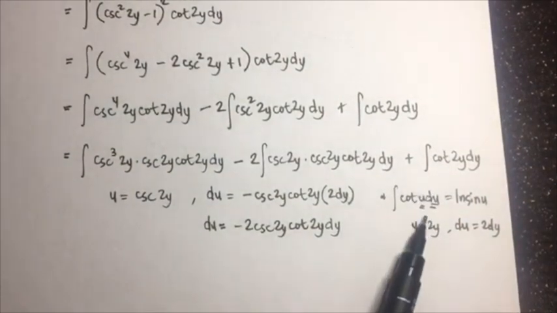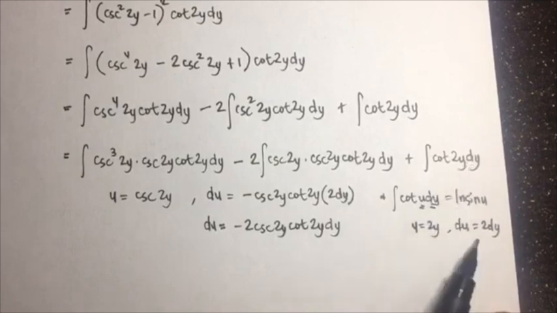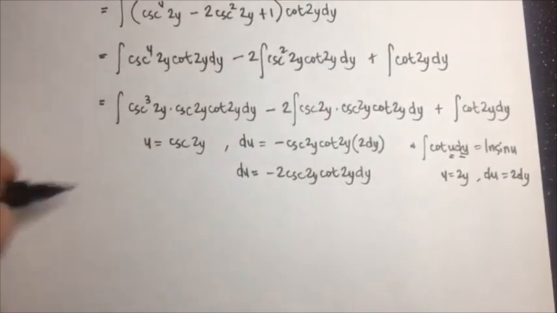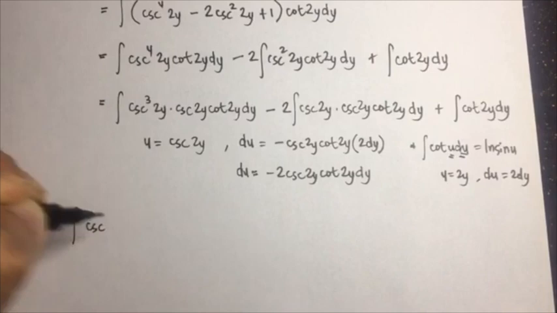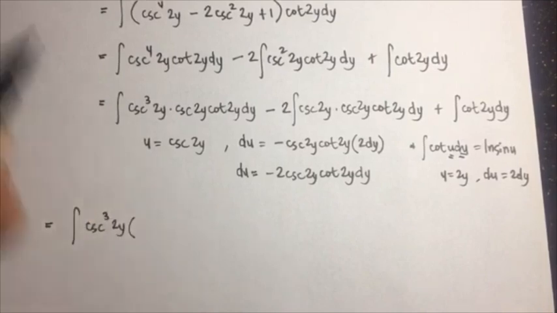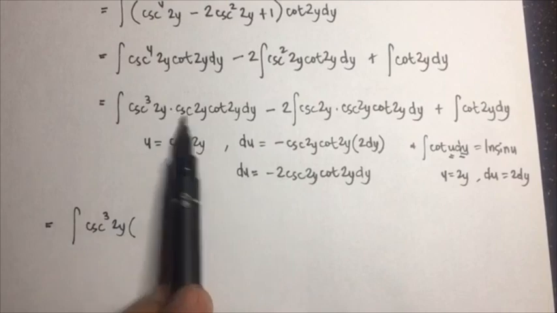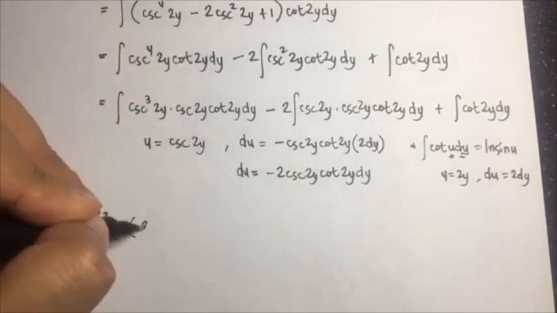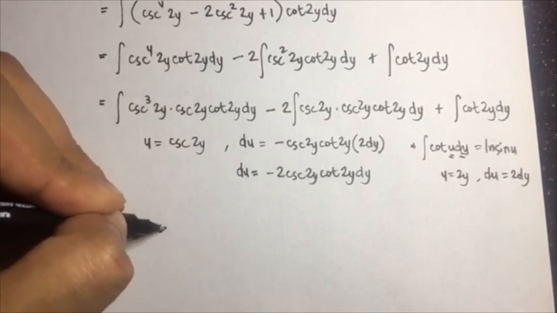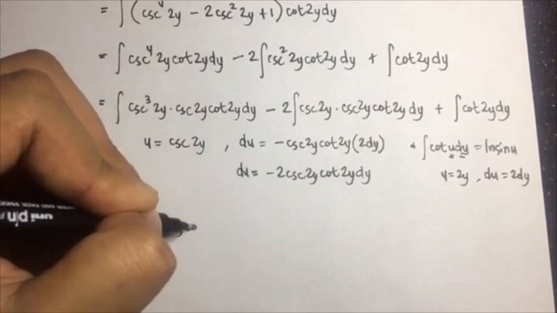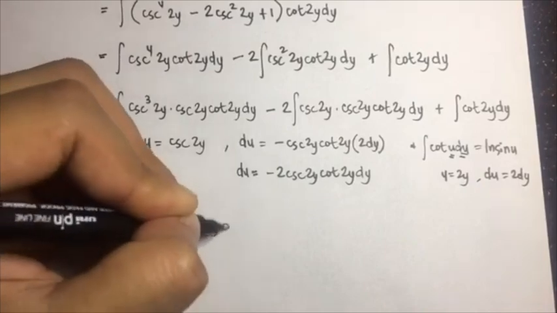So to apply this formula, we must put here 2 beside dy. So completing the differentials, this will become equal to integral of cosecant cube of 2y. So there should be a negative 2. Okay? So negative 2 cosecant 2y cotangent of 2y dy.